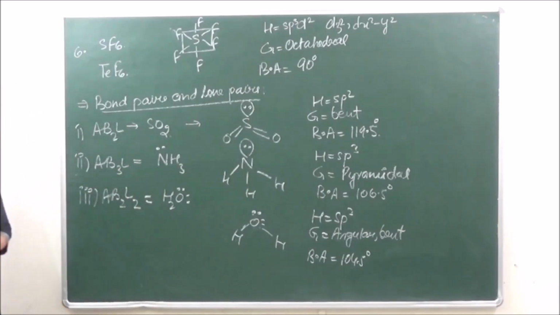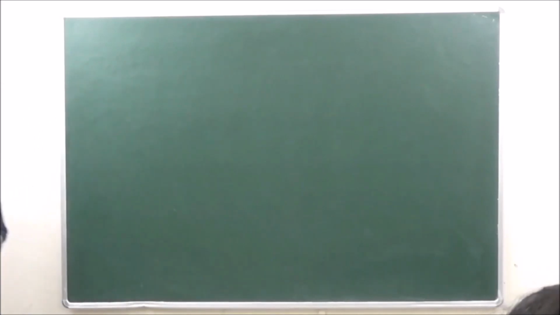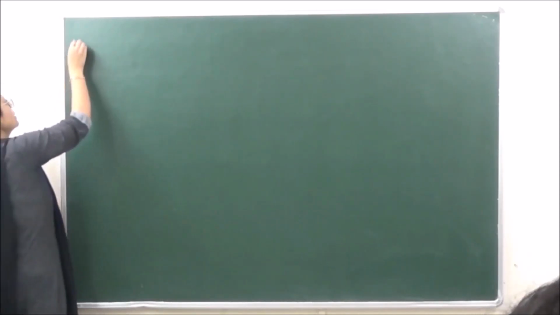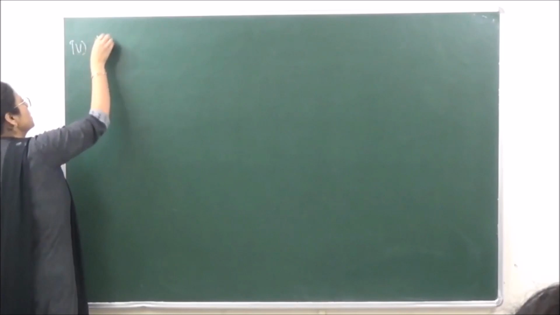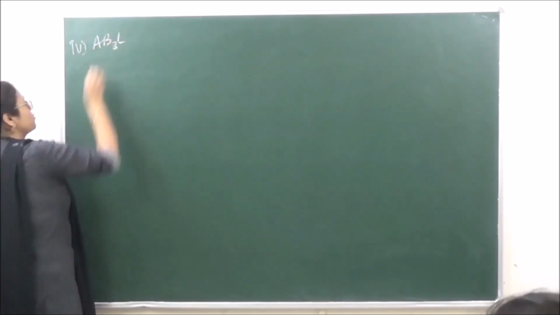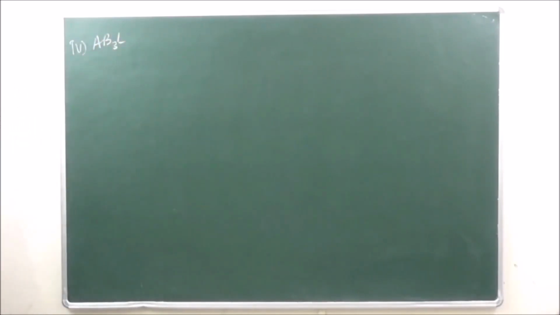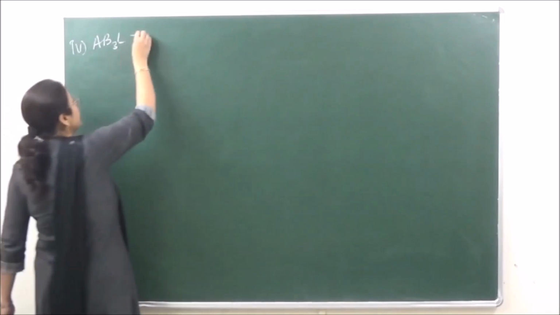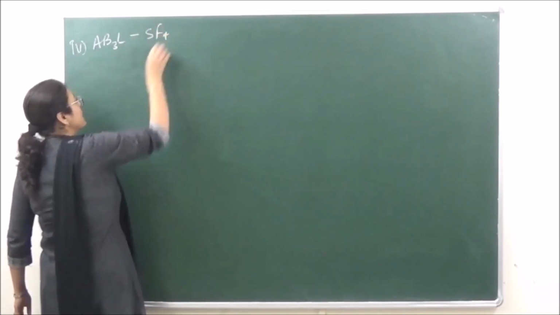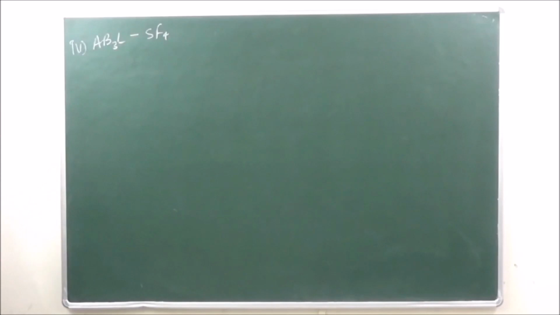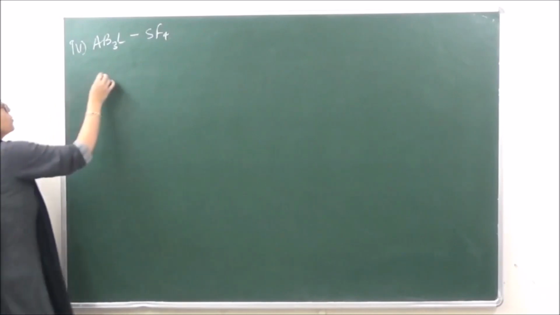Then next we go on to AB4L. In this case there are 4 bond pairs and 1 lone pair. Example which we can take is SF4. Now in case of SF4 there are 2 structures which are given for the direction of the lone pair.